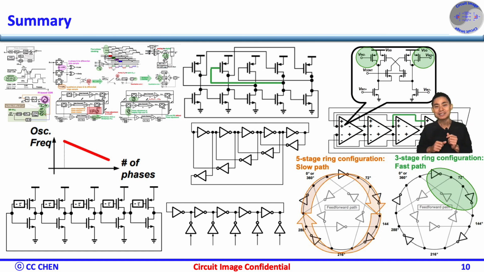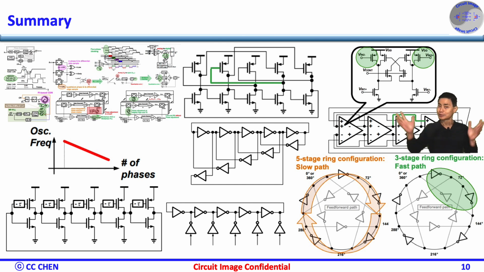Another 8-phase generation example is an even number, which also shows you the feedforward delay cell can boost the oscillation frequency if the dual input delay cell is implemented.